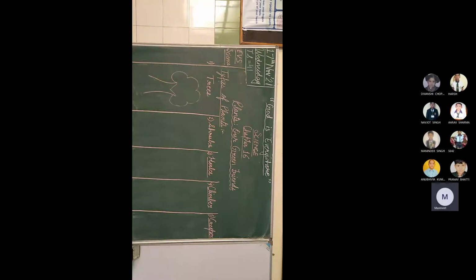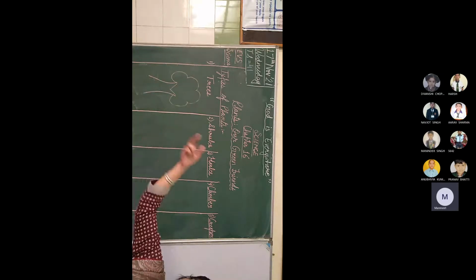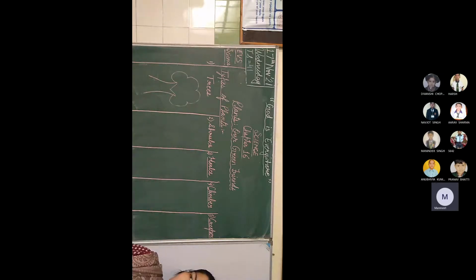Okay. Next, what is the example of trees? Yes, Yuvraj. Mango tree. One more. Neem tree. Yes. Apple tree. Very good.